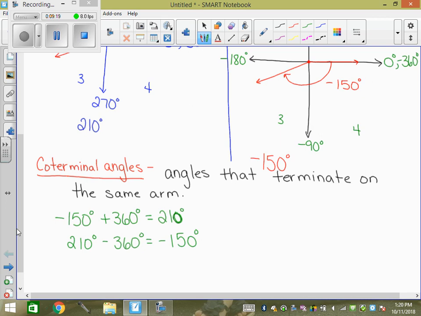How could I get the next positive coterminal angle? Add 360 again. So I have 570. And then I could add 360 again, and again, and again. Or I could keep subtracting 360.